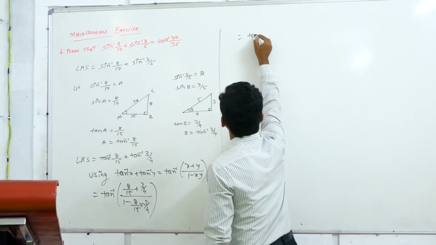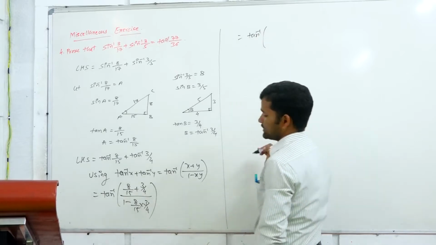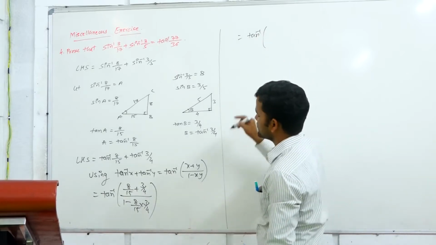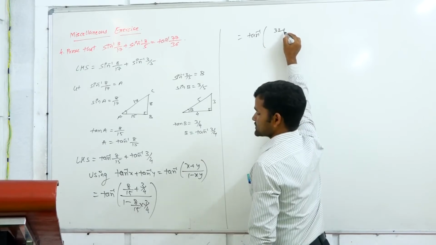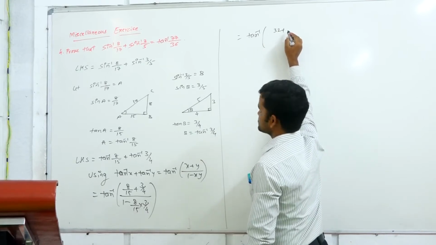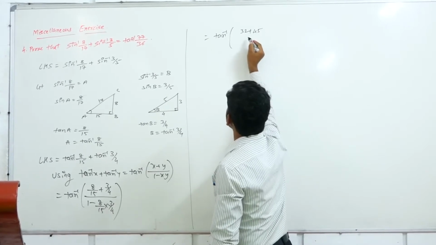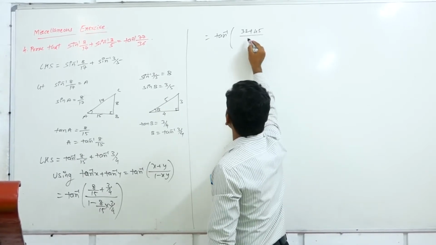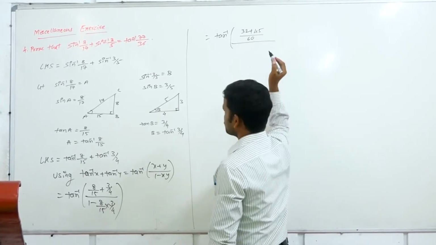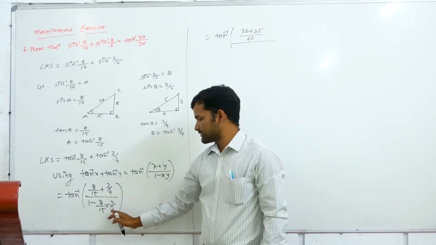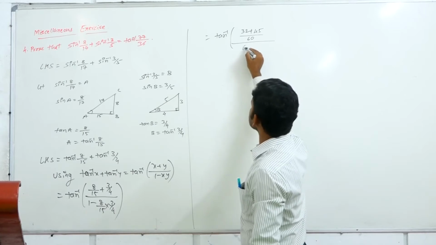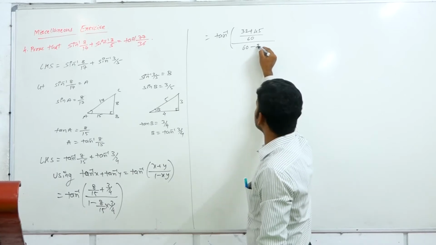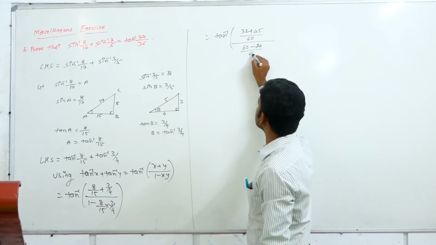This is tan inverse of, you cross multiply that, 8 into 4 is 32 plus 15 into 3 is 45, divided by 15 4s are 60. Whole divided by 60 minus 8 3s are 24, divided by 60.